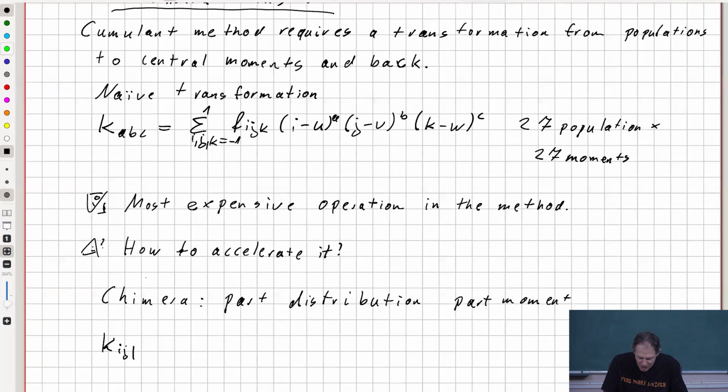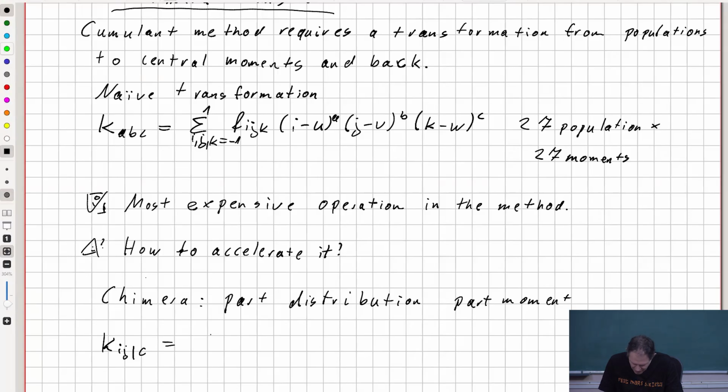So let's say we want to transform the populations f_ijk into central moments. I write K, but I leave the indices i and j, meaning that I leave populations in directions i and j, and I do the sum only in the z direction. So here I write c, because I have the sum in the z direction but not yet in the x and y directions.